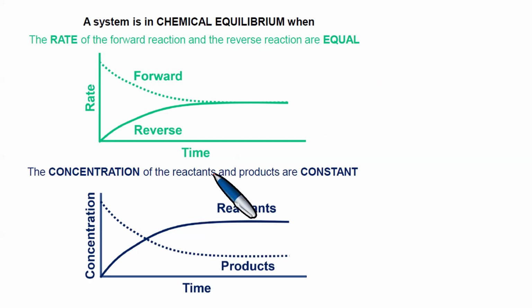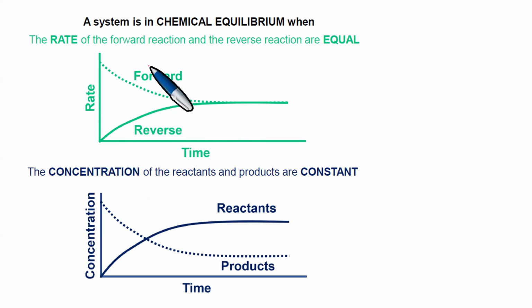Let's continue and see what more we have here. If you look at the forward reaction, the forward reaction is the one that is dotted, and the reverse reaction is the solid line. We have the rate on the vertical axis and the time on the horizontal axis.